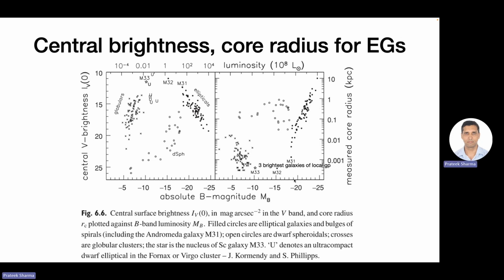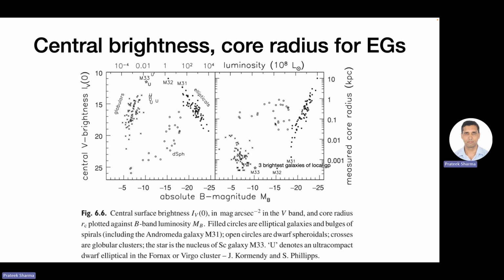The more luminous normal elliptical galaxies are bigger, right? Because this is sort of the pattern. These are our globulars. So the core sizes of globular clusters are smaller than elliptical galaxies, but their central brightness is about the same. So their low luminosity divided by small area gives you about the same central brightness.